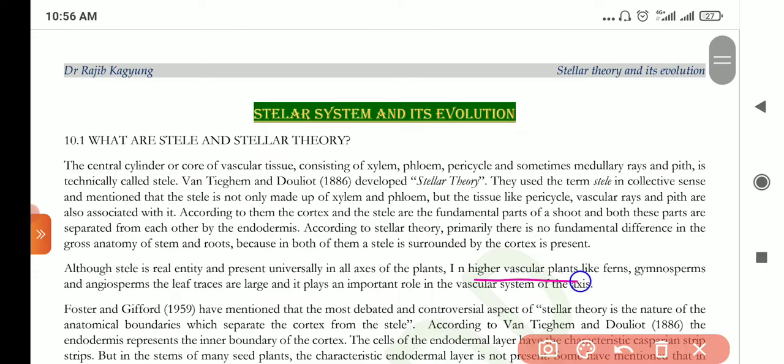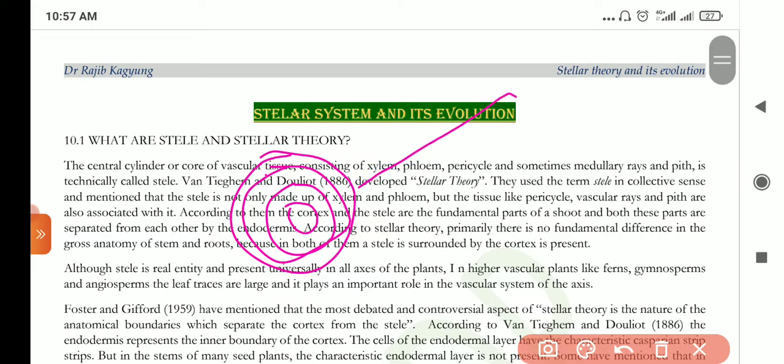In higher plants like ferns, gymnosperms and angiosperms, leaf traces are large and play an important role in the vascular system of the axis. So let's say this is the stele, meaning xylem, phloem, pericycle, endodermis. Then there is something known as a leaf trace.